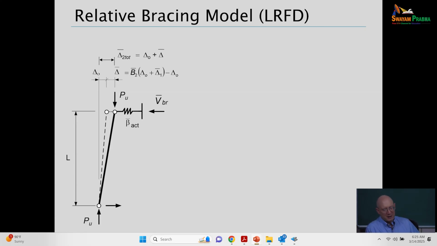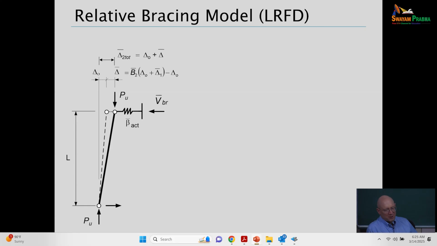I've got an amplification factor for side sway B2. It's the same B2 that we were talking about earlier. That's going to amplify delta naught plus delta 1 bar. And so the additional deflection would be that minus delta naught.